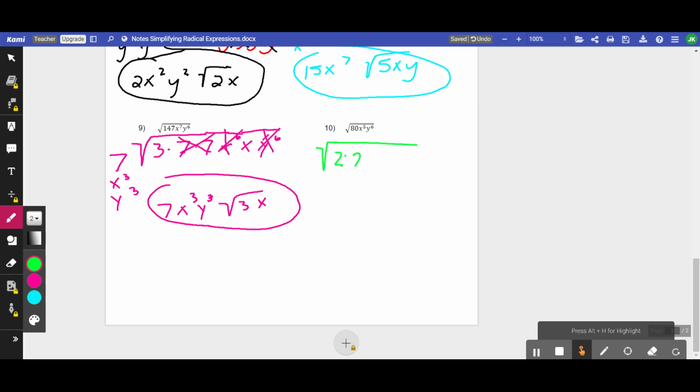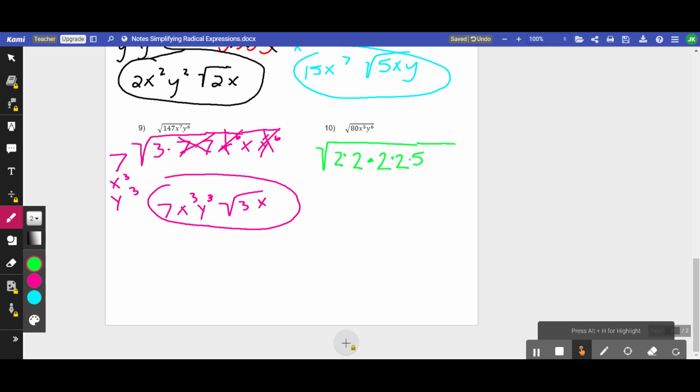Dividing the 40 by 2 gives 20, and you take another 2 out of the 20, and then you're down to 10. You can take another 2 out of 10, which will then be 5. And 5 is also prime, so you can list it here.